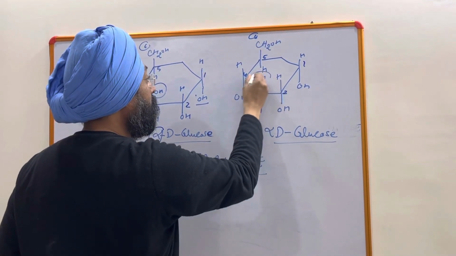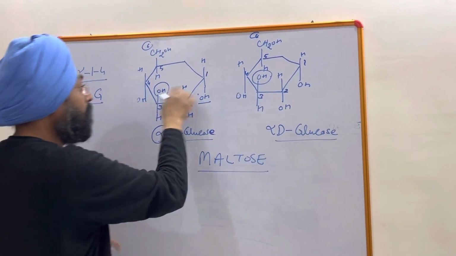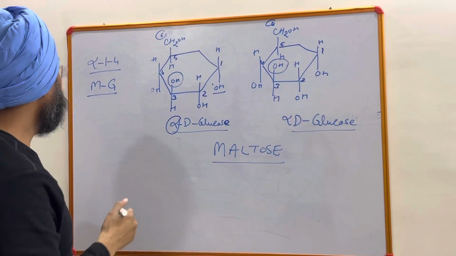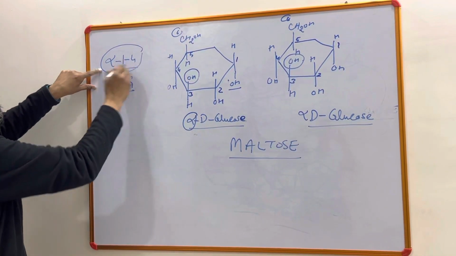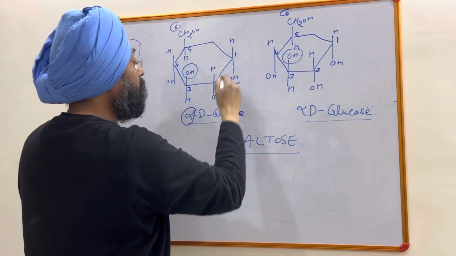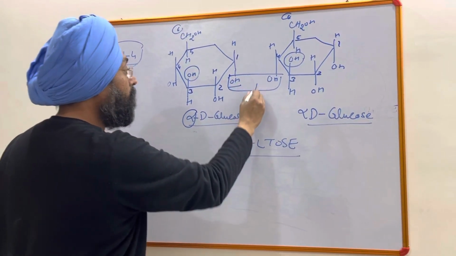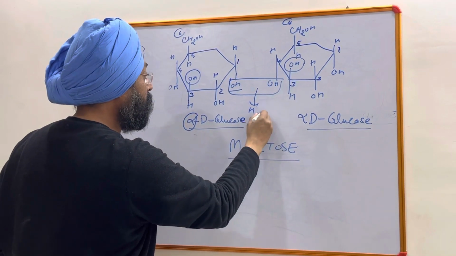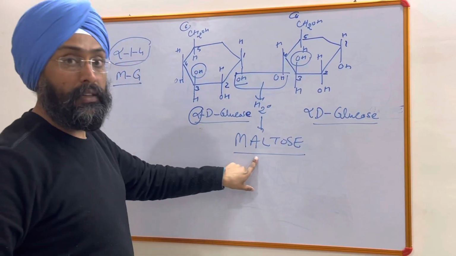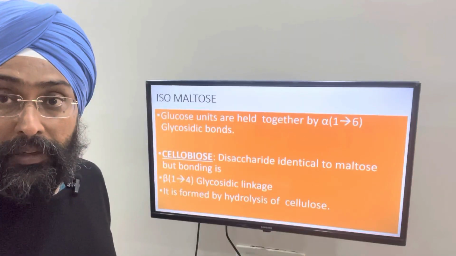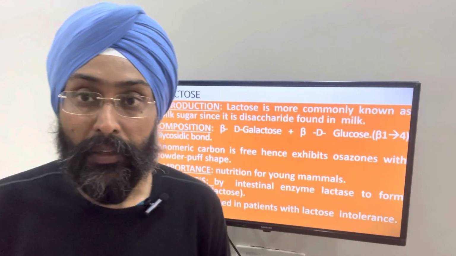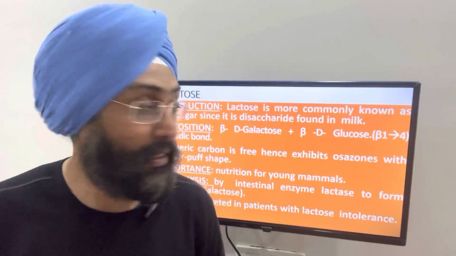Third carbon OH group upside, so these are two glucose molecules. The bonding is alpha 1,4. So from the first carbon and fourth carbon, where the 1,4 glycosidic bond will form, a water molecule will come outside, so we'll get finally maltose.